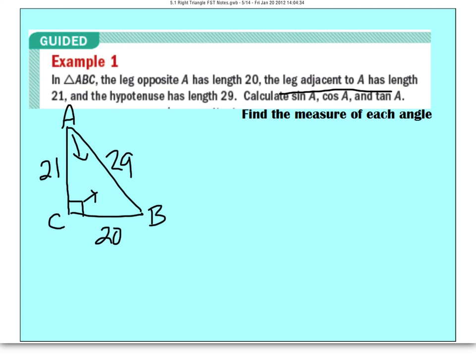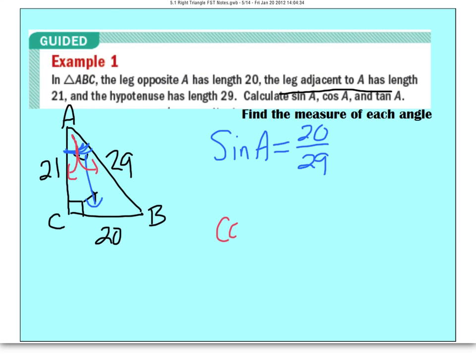They want us to calculate the sine of A, cosine of A, and tangent of A. So let's just set those up using angle A. Remember, the sine of A would be opposite over hypotenuse, so 20 over 29. Now the cosine would be adjacent over hypotenuse.